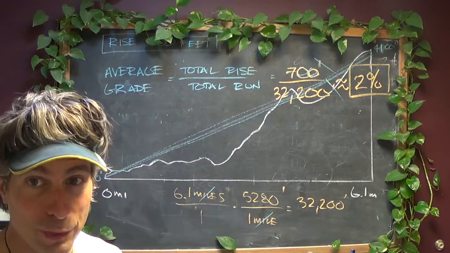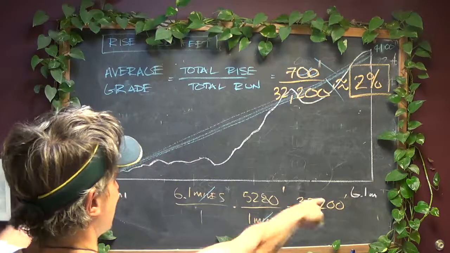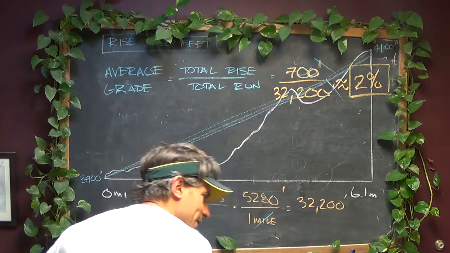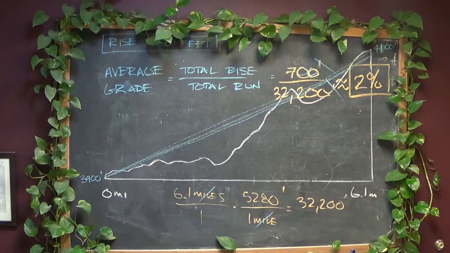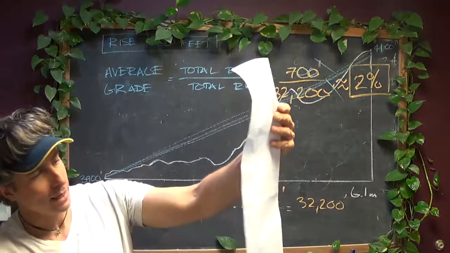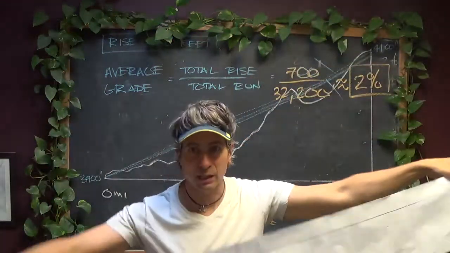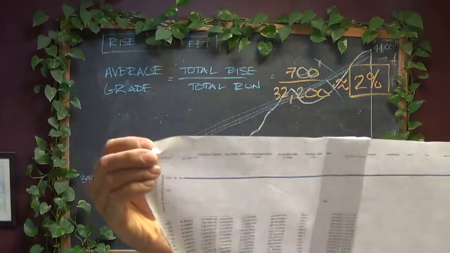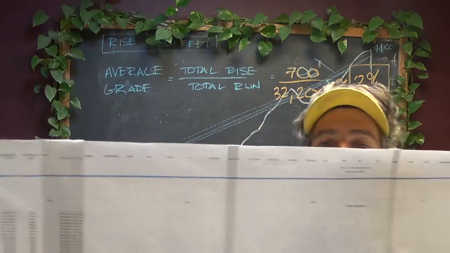It is a lot more than 2% because this is measured in miles and this is measured in feet. As a matter of fact, where is my, here it is. I showed this to you in class yesterday, but it was very quick. This is what my commute actually looks like if you scale it properly. See that blue line?